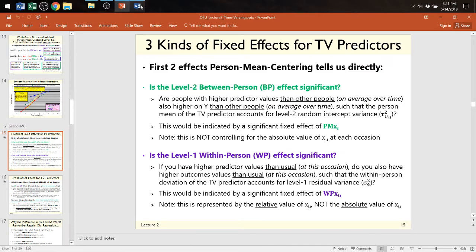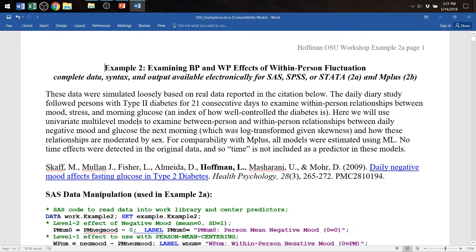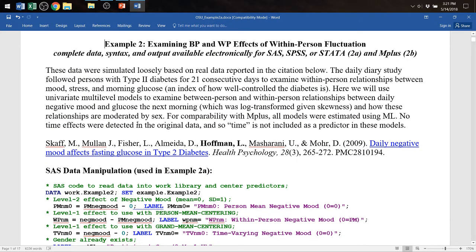So let's see how this would work in software. So I've got an example for you. This is fake data, once again inspired by real data. So the real data that inspired it are described in this publication. This is based on a daily diary study of 21 days of type 2 diabetics, and they were looking at more glucose the next day.